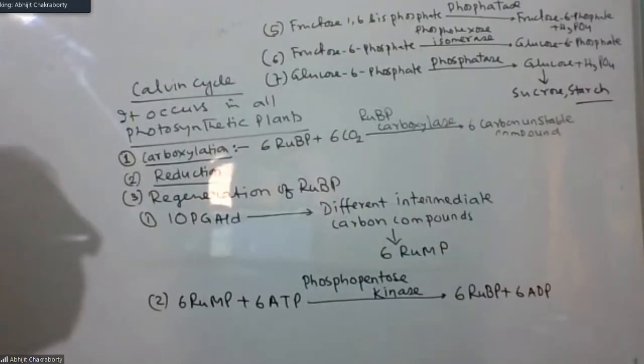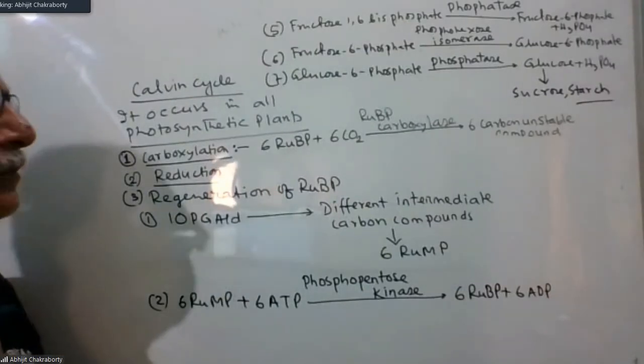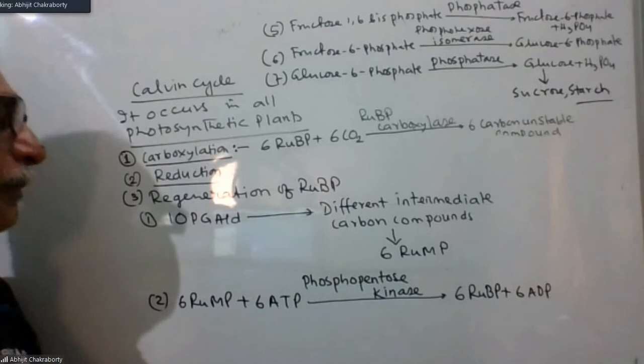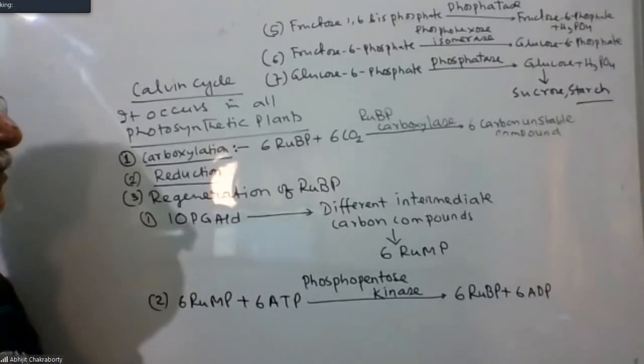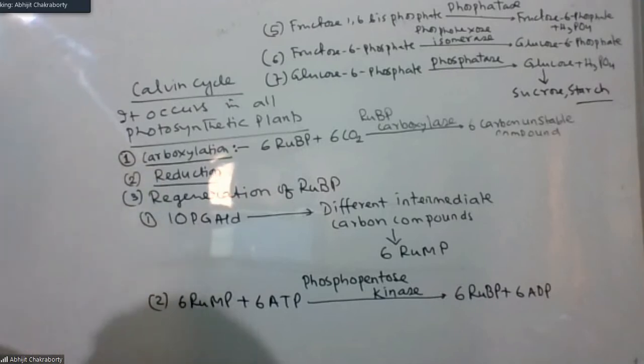In this way, again RuBP is regenerated. RuMP means ribulose monophosphate. So these are the 3 steps.